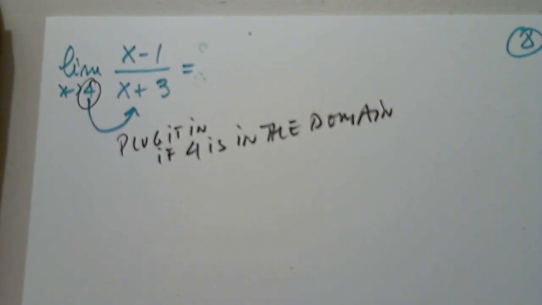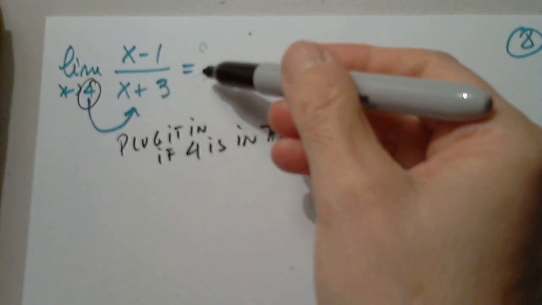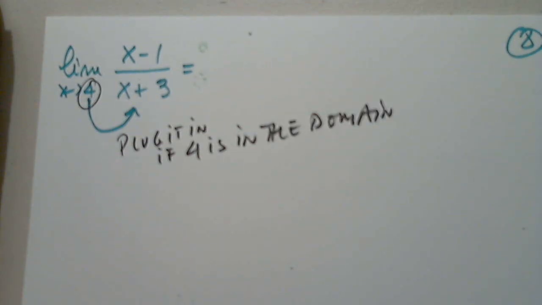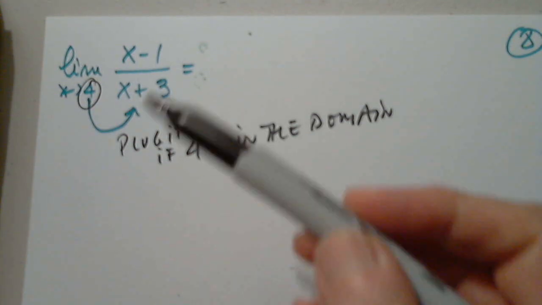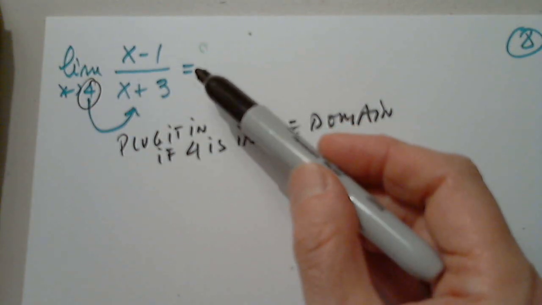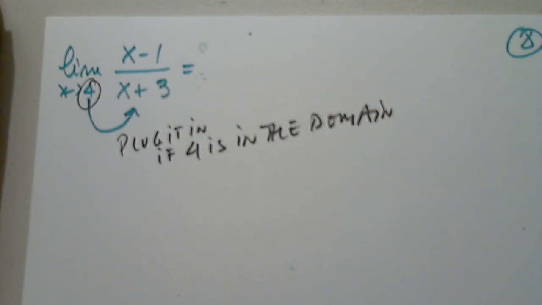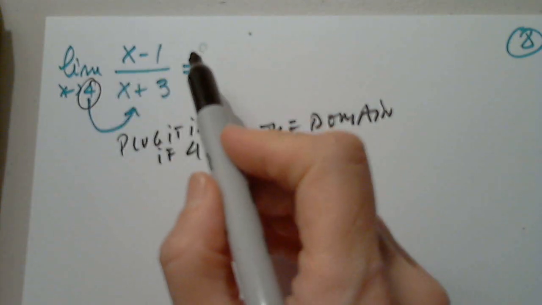If it is not in the domain, something very special happens. Can anyone give us the limit then? Because 4 is in the domain of this function, what would you say as the limit for this rational function? Anyone? Please? 3/7.